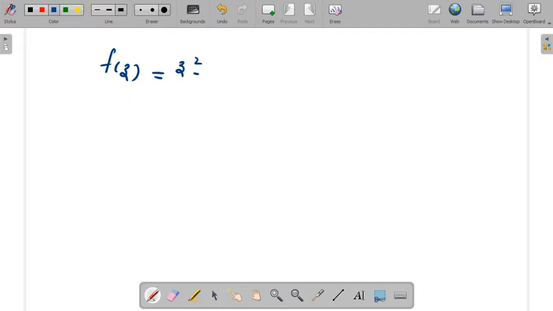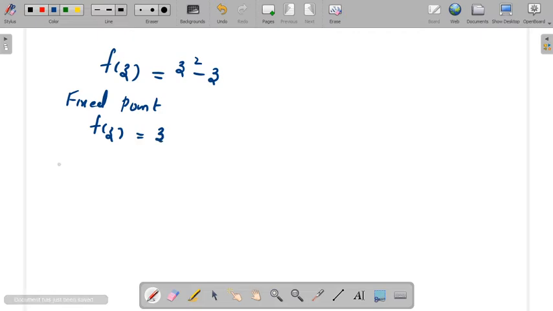For example, let us consider the function f of z equal to z square minus z. Let us find the particular points we discussed now for this function. The first thing we have seen is fixed point. For a fixed point, f of z is equal to z itself.